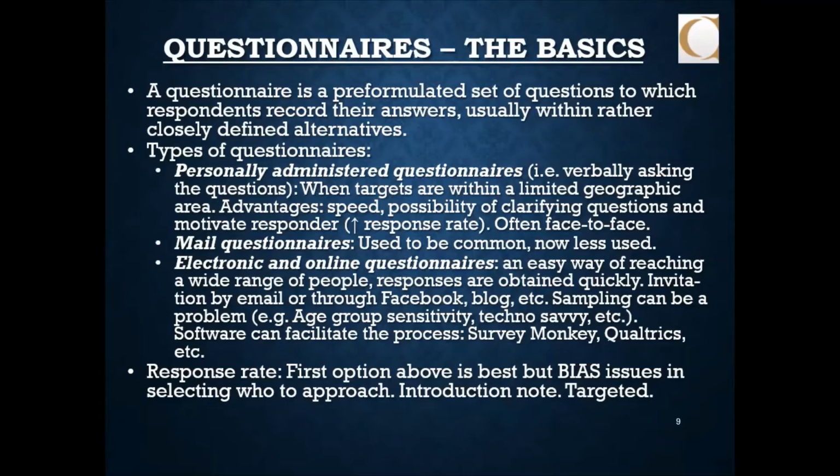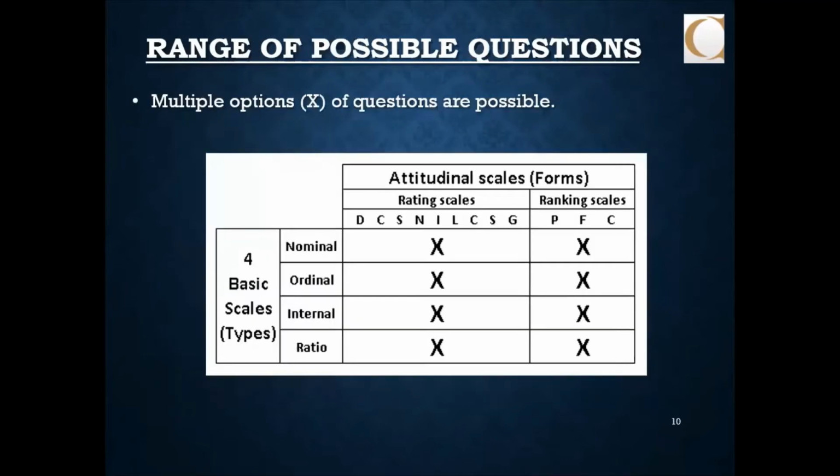Mail questionnaires, sent in the mail, not used that much anymore. Electronic and online questionnaires, done a lot through Facebook. YouTube has a lot of those on ads. They have a lot of those virtual questionnaires. And then SurveyMonkey as well. So there could be nominal, ordinal, interval, and ratio questions.